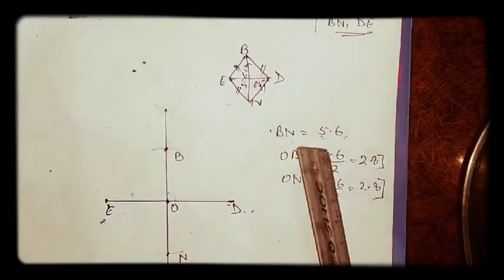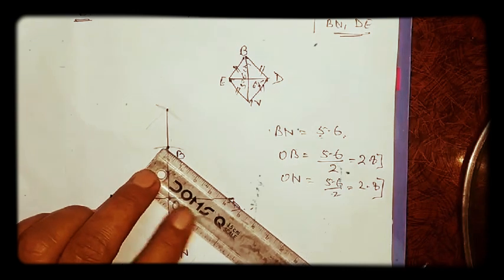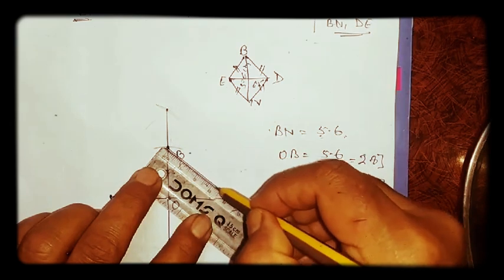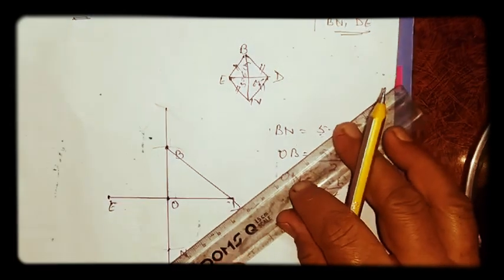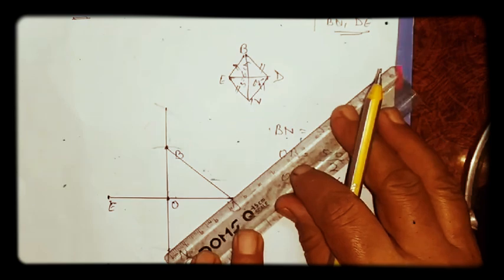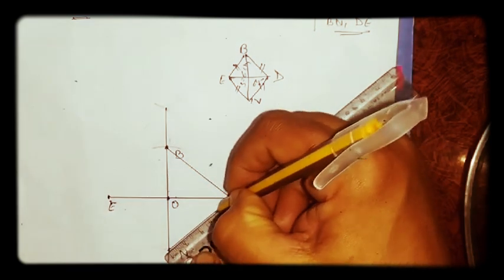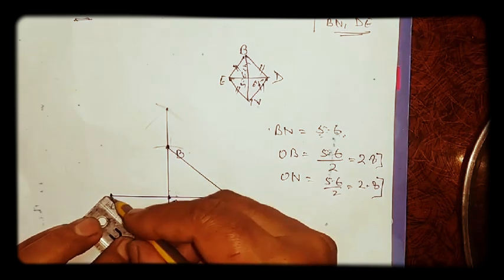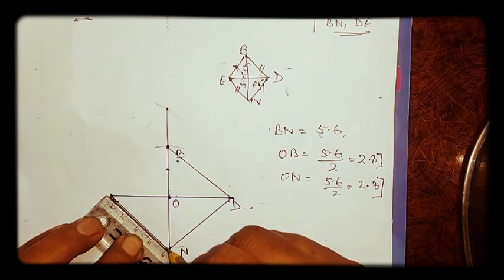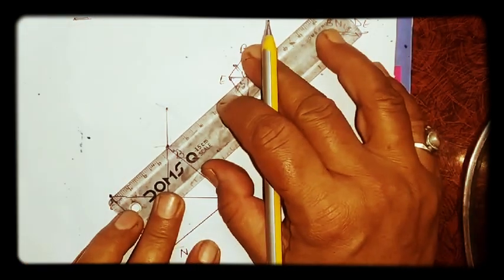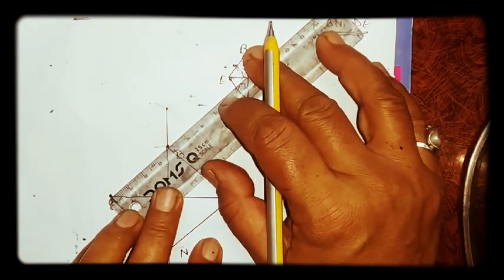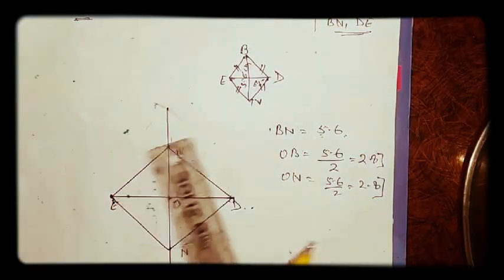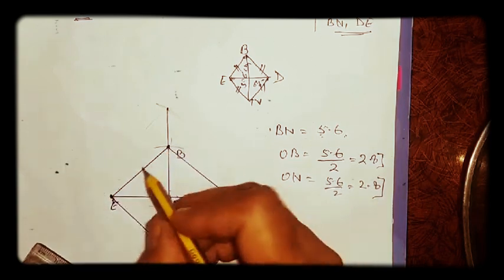Now we will join these, all the points. Now B and N. B to D. D to N. E to N. And E to B. So the length of, if we will measure these all sides of this rhombus, that will be equal.